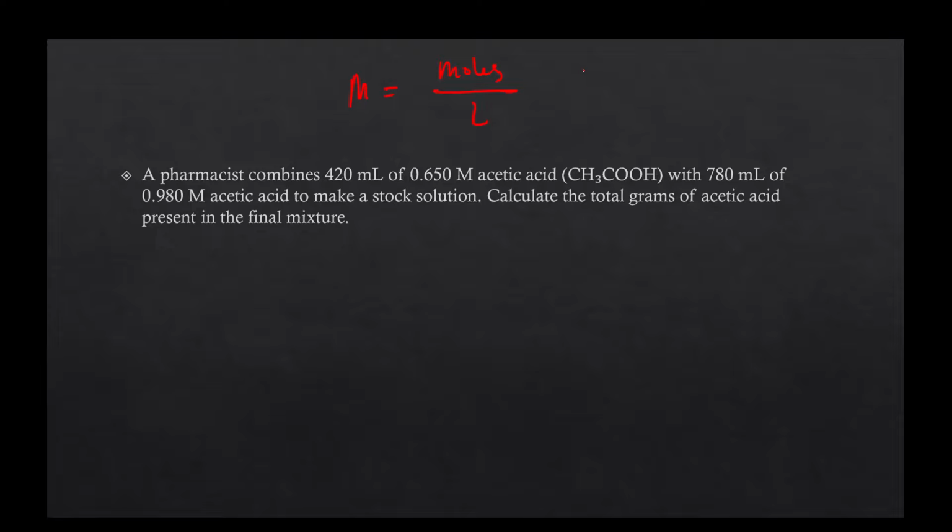If you're not in liters, ml to liter is divided by 1000. So you have 0.650 moles per liter times 420 ml divided by 1000. This is to make liters. So this is 0.650 times 0.420.